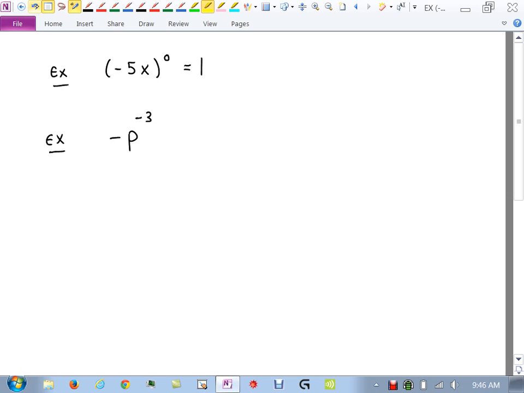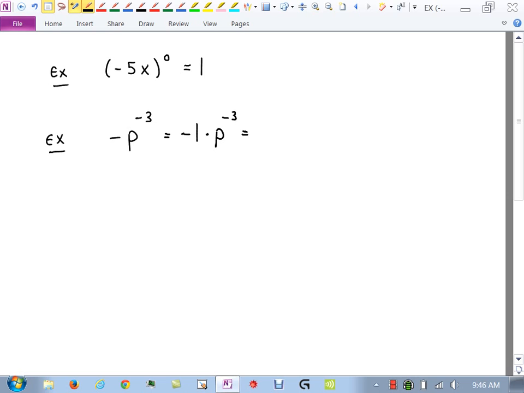What about the negative in front of the p? Is the negative 3 acting on the negative out in front of the p? No, because it's not in parentheses, right? So we want to look at this as being really like a negative 1 times p to the negative 3, right? You'll see that?